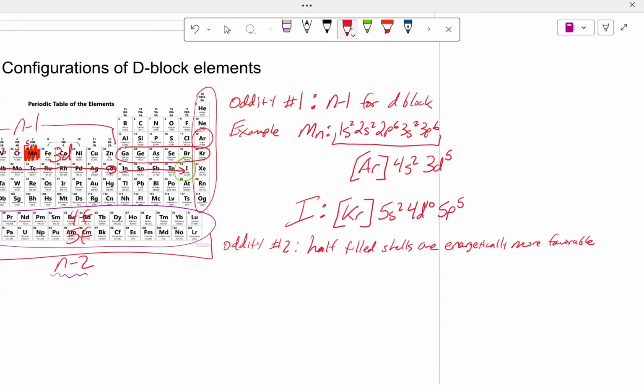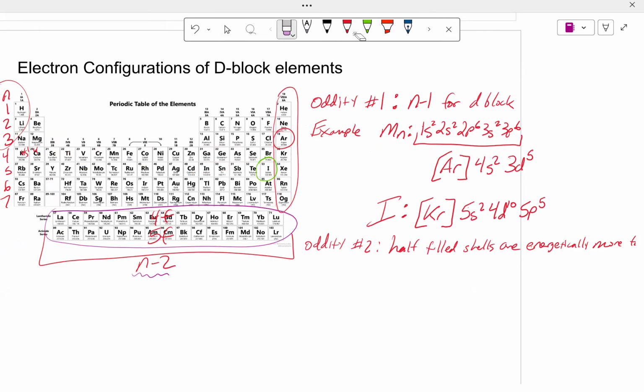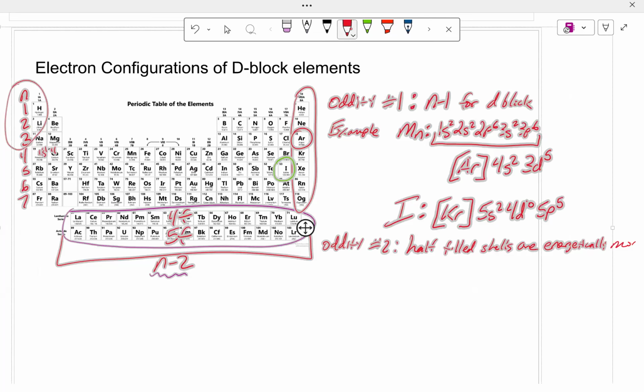And so with some of these D block elements, I'm going to erase a lot of this here. Weird things happen periodically, and those periods are very set. So, for example, let's look at chromium.